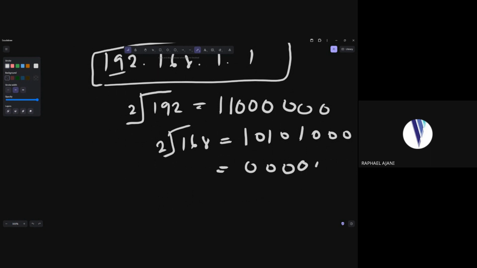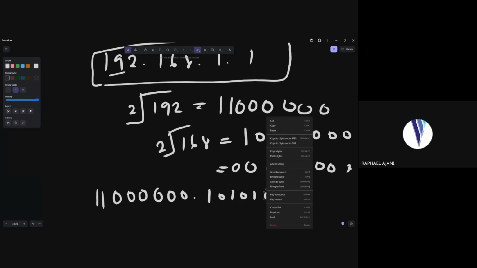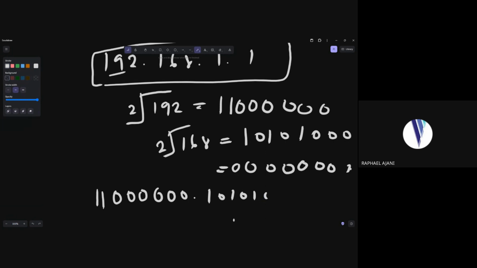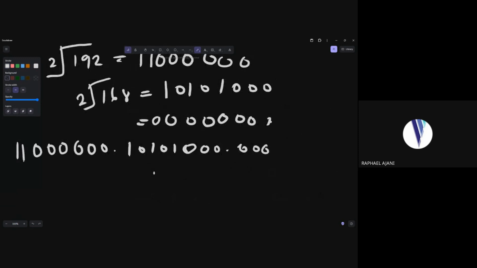So now it means that if we're to rewrite that, what we need to write now is 11000000 dot 10101000 dot 00000000 dot 00000001, and so on.